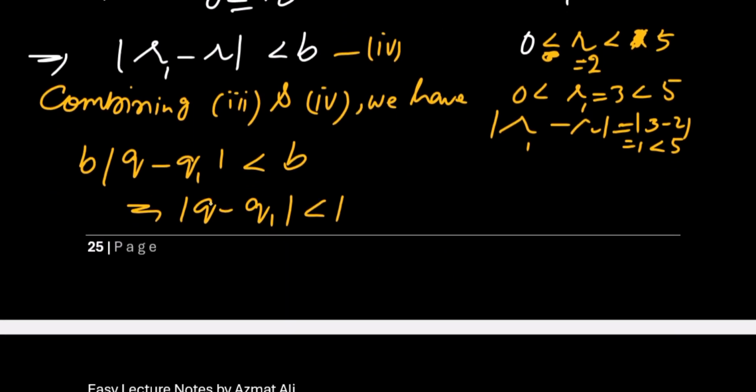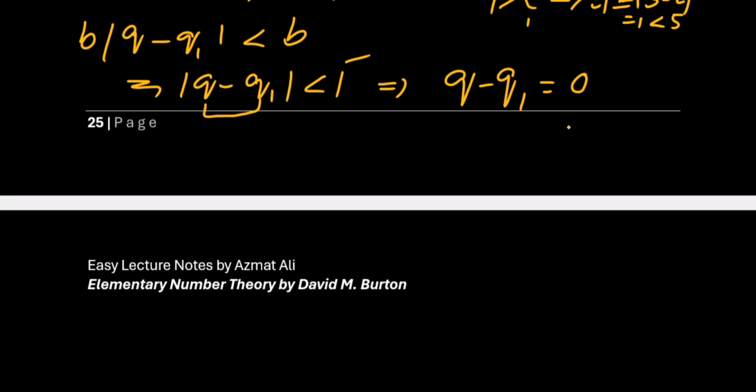As Q and Q1 are both integers, the difference of two integers is again an integer, and this difference is less than 1. This is possible only when this difference is equal to 0, because 0 is the only non-negative integer which is less than 1. This shows Q is equal to Q1.